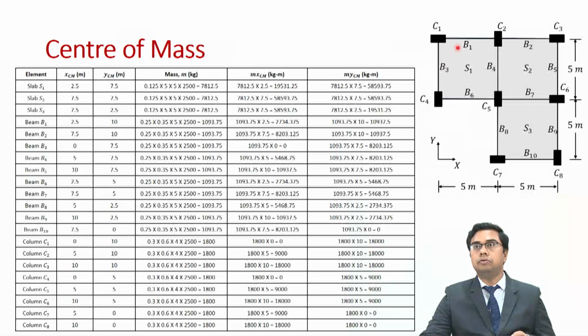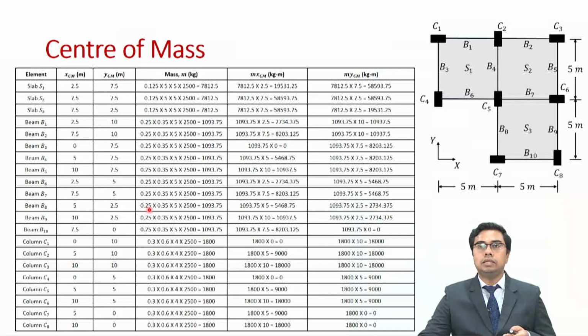And similarly for other components as well. Let us see for one beam, beam B1, the length of the beam B1 is 5 meters. The cross sectional dimension is 250 millimeters by 350 millimeters. So, 0.25 into 0.35 into 5 into 2500 will give us 1093.75 kilograms of mass.